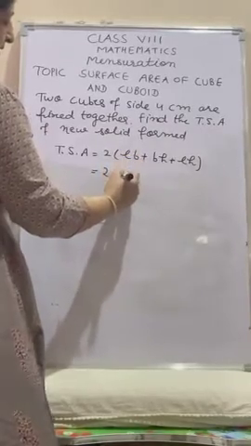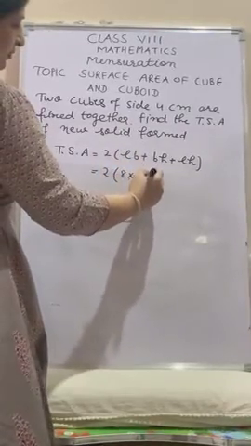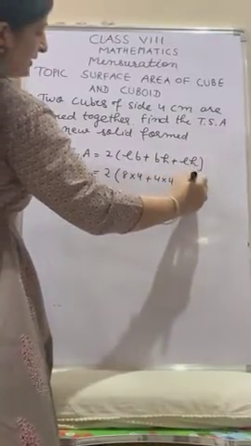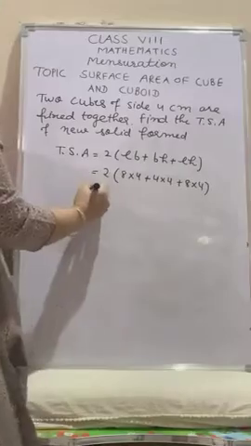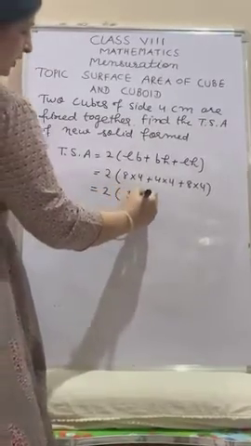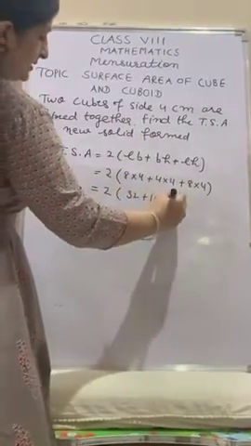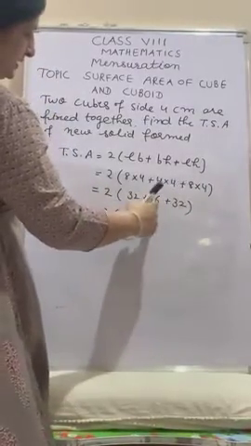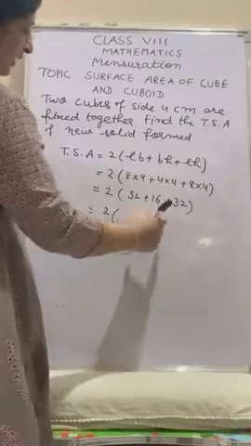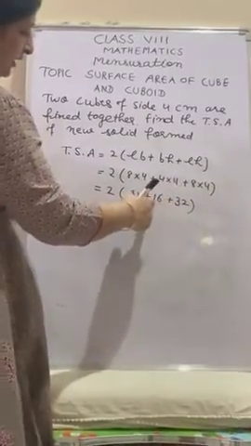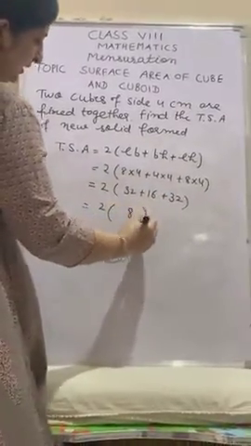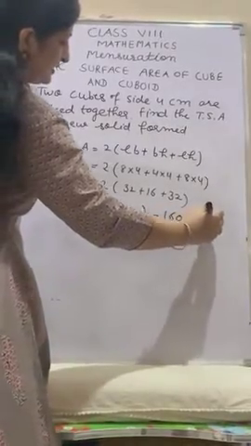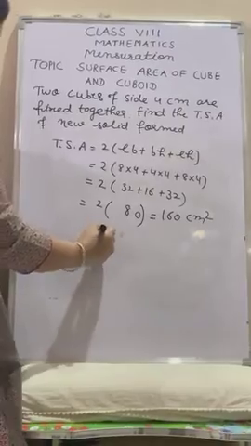Now L is 8, B is 4, H is 4. 2 times (32 plus 16 plus 32) is 2 times 80, which is 160. What will be the units? 160 centimeter square. It is the answer.